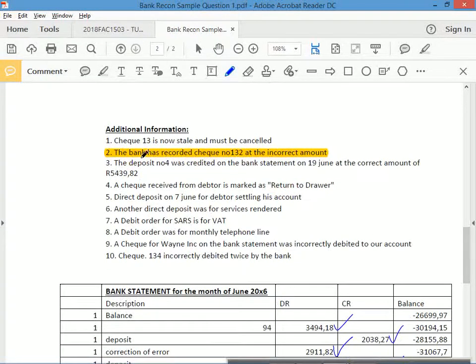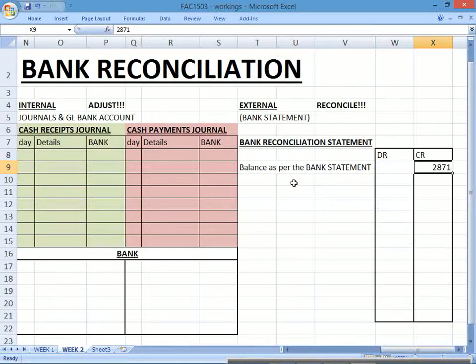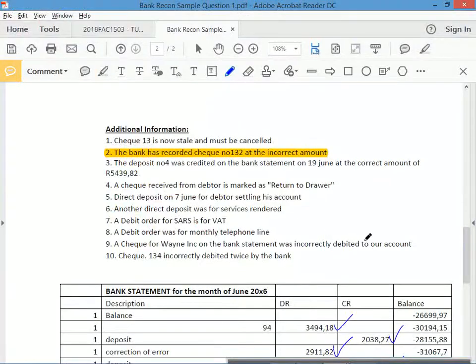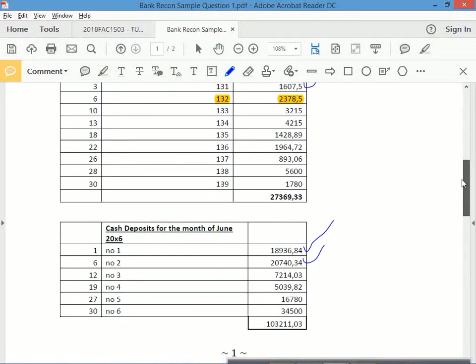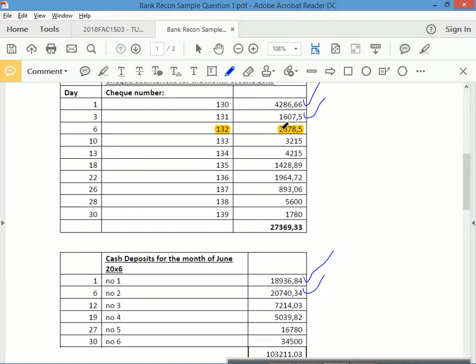The question said, the bank has recorded check 132 at the incorrect amount. So the bank's wrong. We're going to go to the branch. We're going to query, and we're going to record a bank error, check 132. Right, what was the check supposed to be? 2378.5.